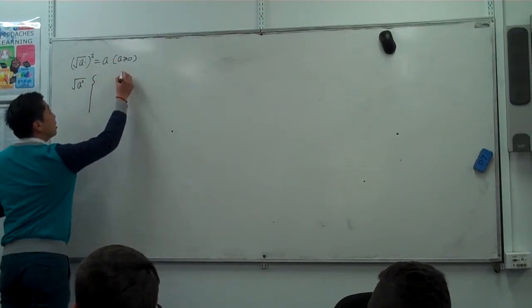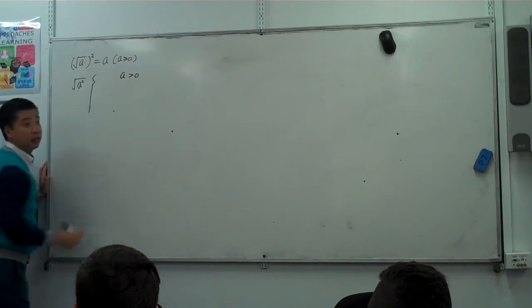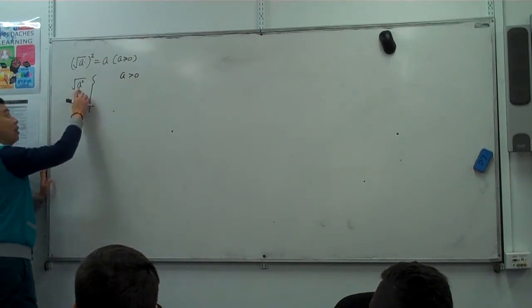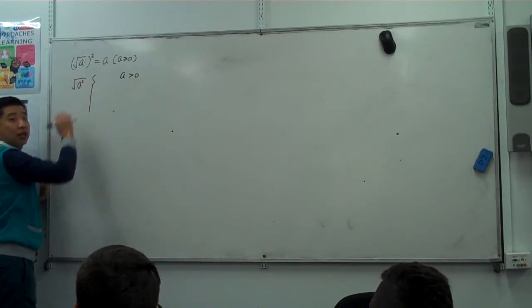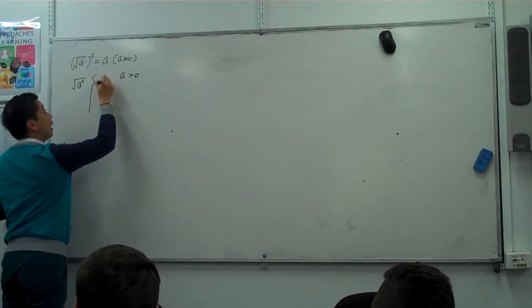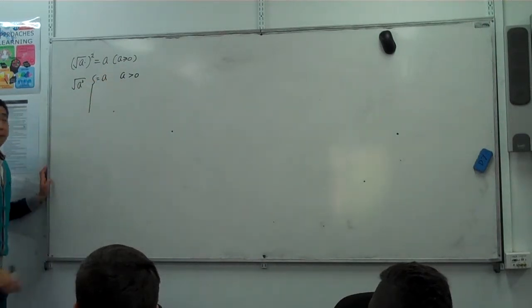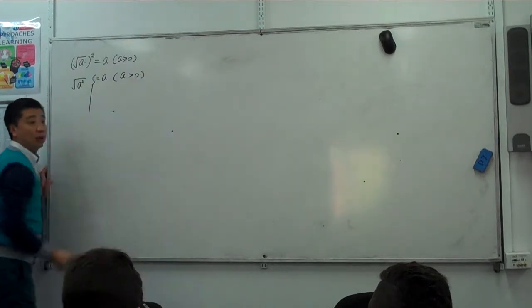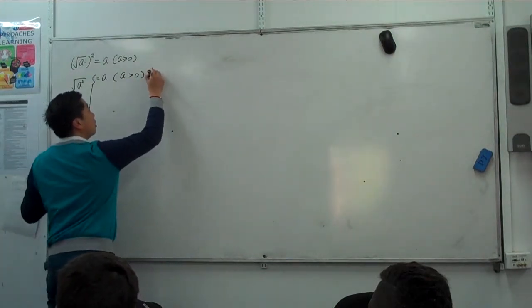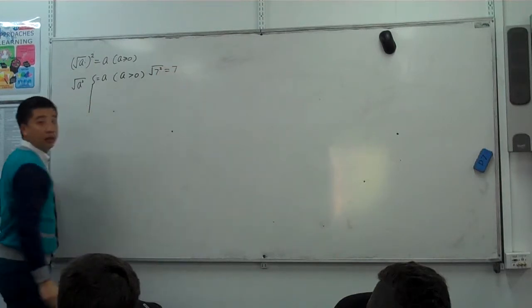So if a is greater than 0, and then you square that, you square root this answer, it is still a. Okay, equals a. Now I'll give you the example. Square root 7 squared is 7.